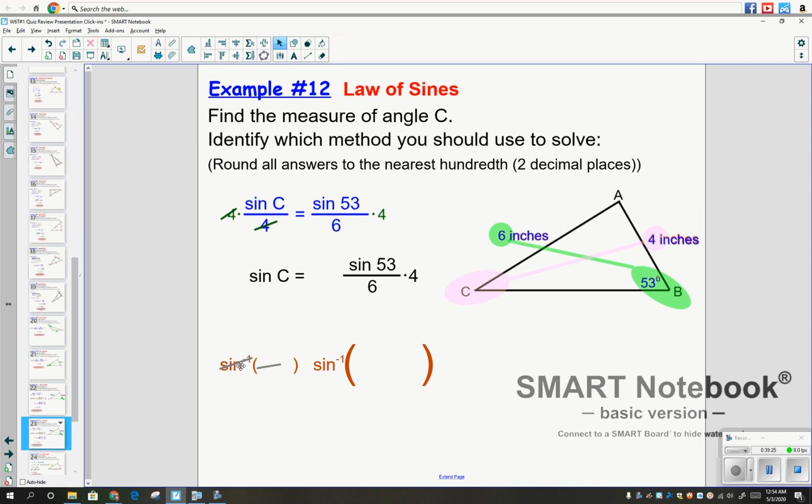How do I solve for C? Take the inverse. If I take the inverse, sine inverse and sine cancel each other out, leaves me with just C. C equals sine inverse of sine of 53 over 6 times 4.